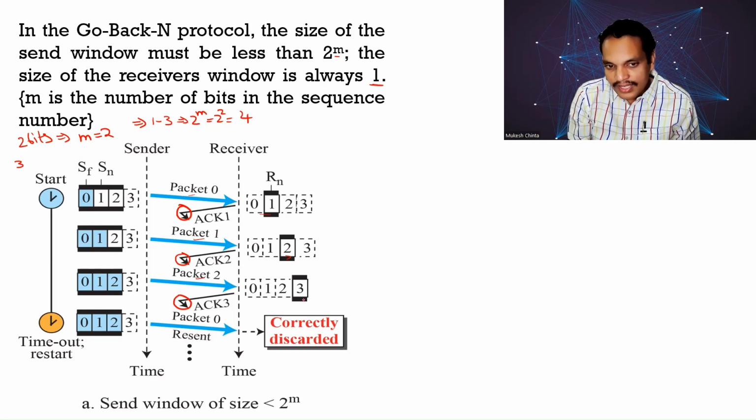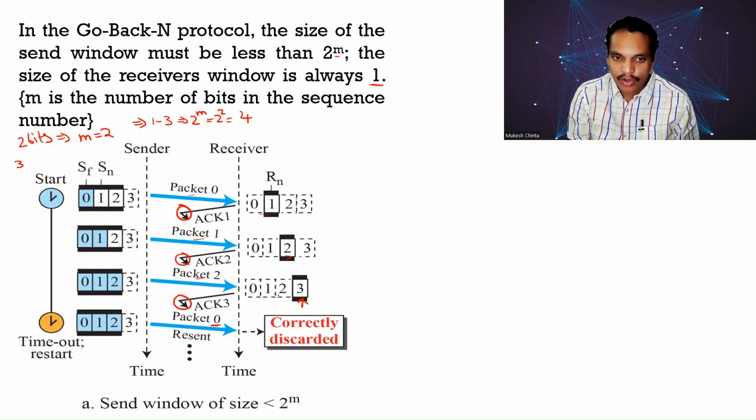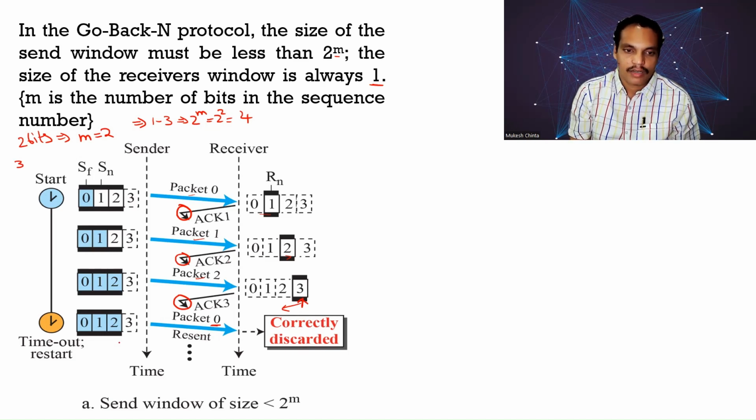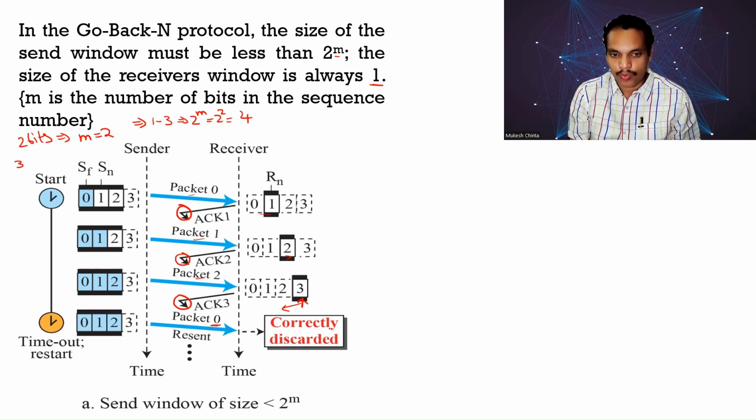But because the receiver is expecting frame number 3 and it sees packet 0, it will identify that this is a duplicate which it already received, and it will send an ACK 3 next. It will discard that packet and clearly identify that the received packet is a duplicate of the earlier one and not a genuine one.